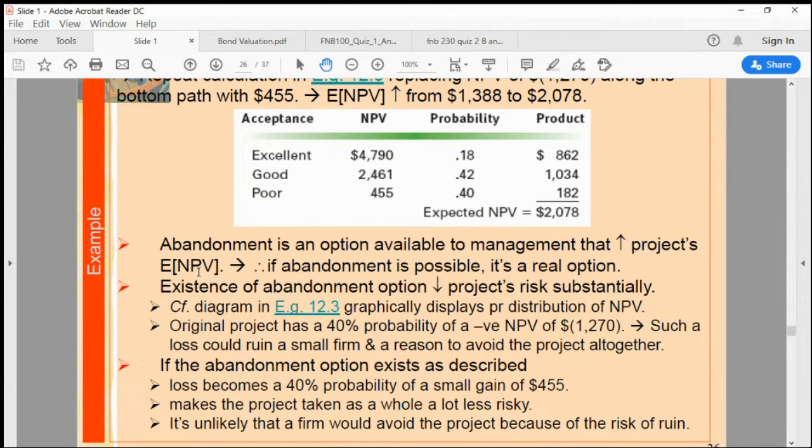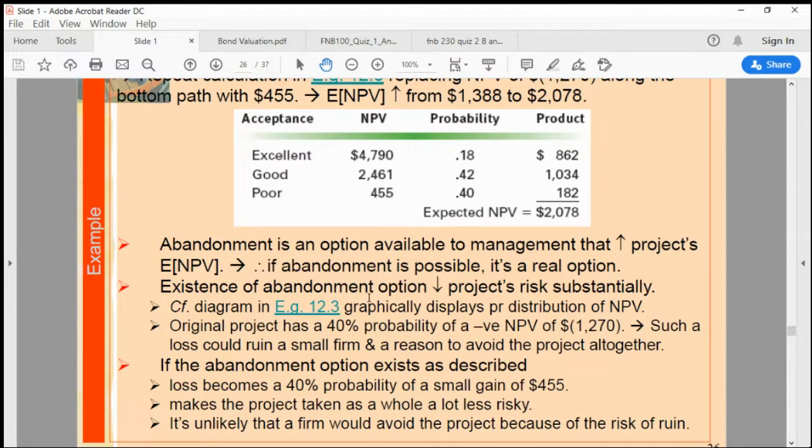In other words, abandonment is not just zero, right? It can have a positive effect on the expected net present value. Therefore, if abandonment is possible, it's a real option.